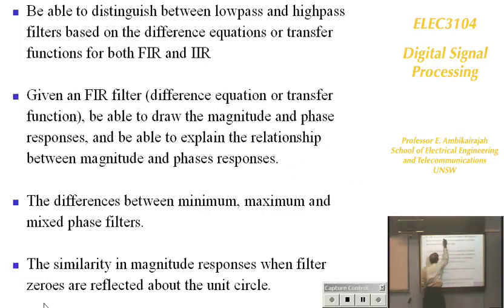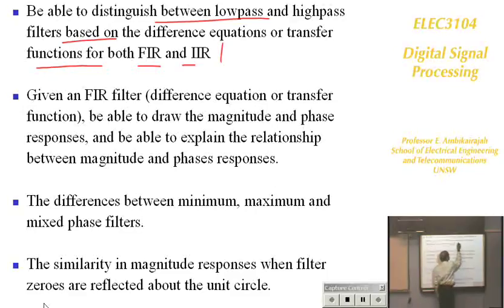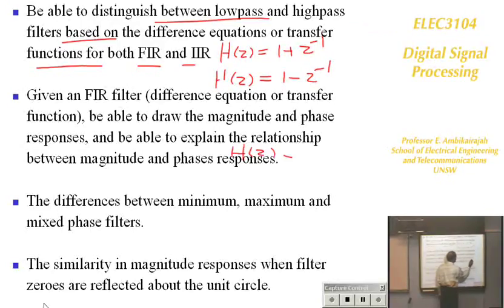You should be able to distinguish between a low-pass and a high-pass filter based on the difference equation or the transfer function, for both FIR and IIR. So, for example, you've got H(z) equal to 1 plus z^-1. You get H(z) equal to 1 minus z^-1. You get H(z) equal to 1 over 1 minus z^-1.